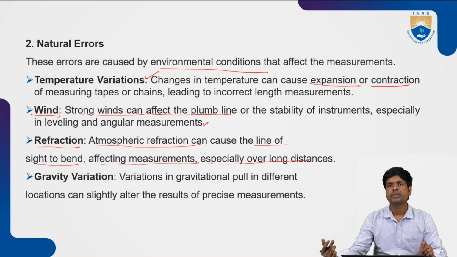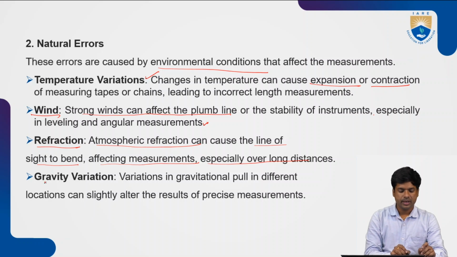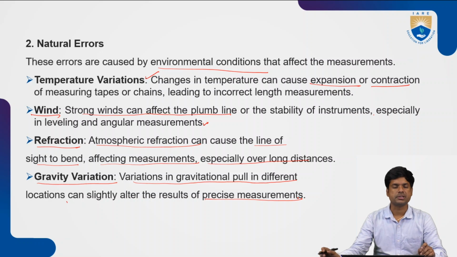It affects the line of sight, which is very important when you measure long distances. And next one, gravity variation. Variations in gravitational pull in different locations can slightly alter the results of precise instruments. Depending upon the location, there will be some deflections in the compasses. That is going to change our results.